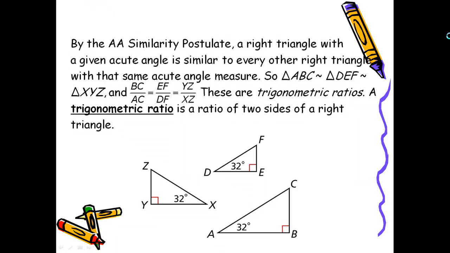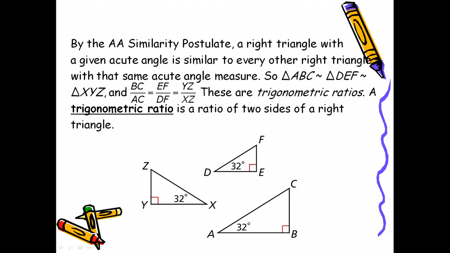By the angle-angle similarity postulate, a right triangle with a given acute angle is similar to every other right triangle with the same acute angle measurement. So in this case, we have three right triangles marked in red, and one of the acute angles is 32 degrees.